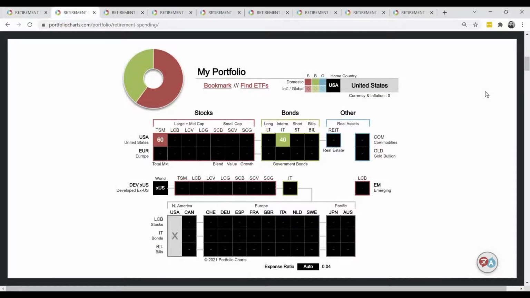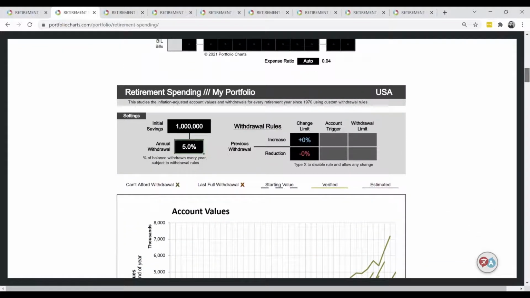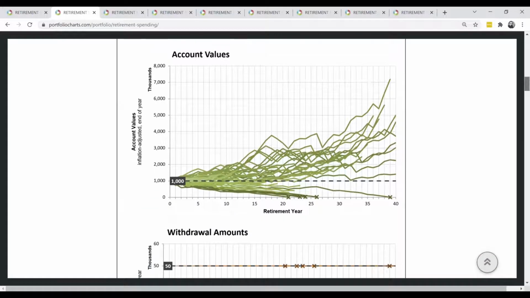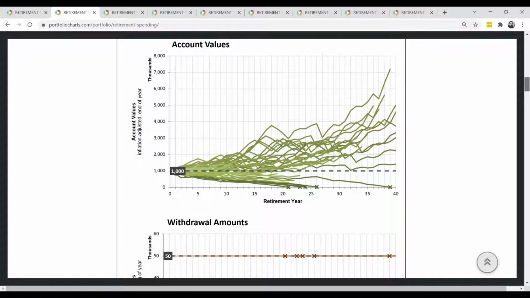And so now we'll go over to the first tab here where we just put in the 60/40 portfolio again to remind you. And this is the constant dollar withdrawal strategy. So it's at 5% adjusted for inflation. As we saw, it failed 4 times in this simulation, actually 5 times in this simulation.